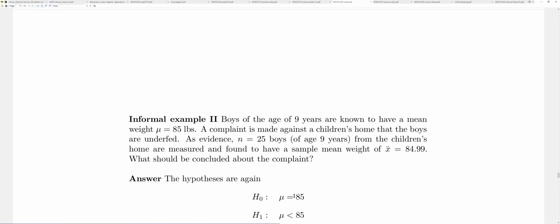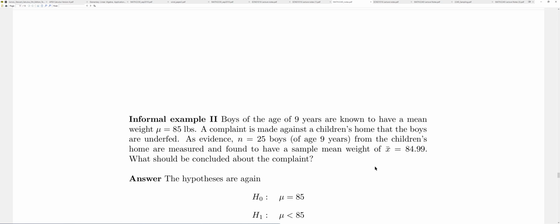So really, you can't reject this. You don't have enough evidence to reject H0, because it seems as if H0 is in fact true, that the actual mean weight of the boys in the children's home is 85.